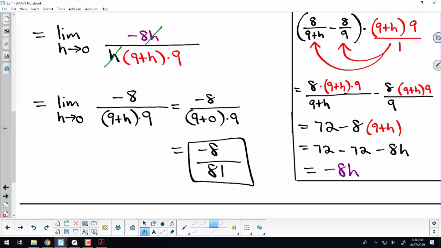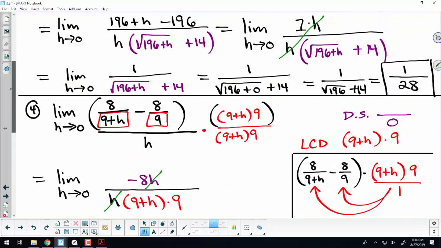Right. Okay, so we looked at the original limit and said that since we have these smaller fractions within a larger fraction, the procedure is to take the denominators of the smaller fractions and multiply them together. So that's how we generated the 9 plus h times 9. And then we have to multiply top and bottom so we don't change this expression. All we did here in this box off to the side was simply multiply the numerator out.